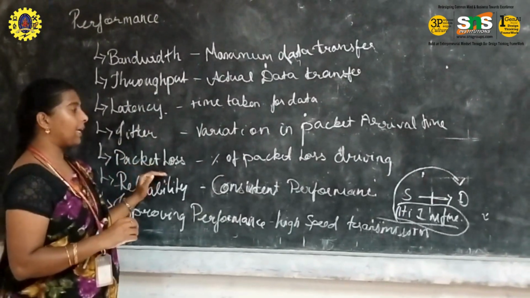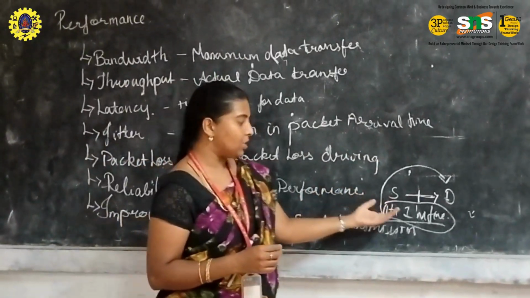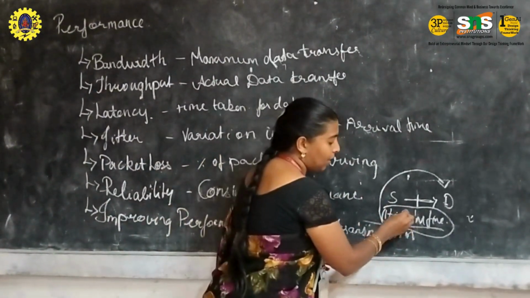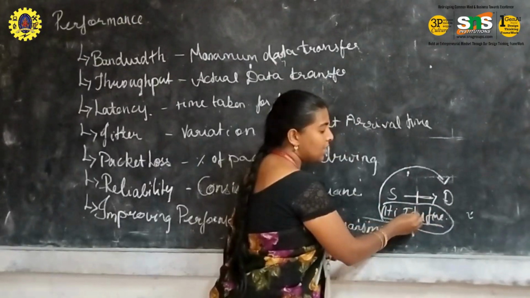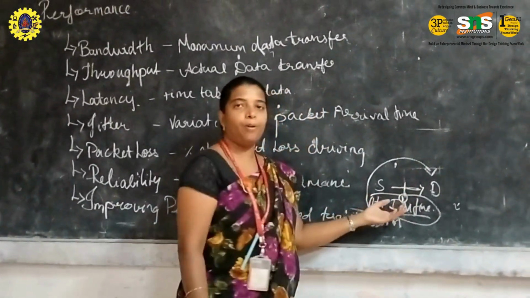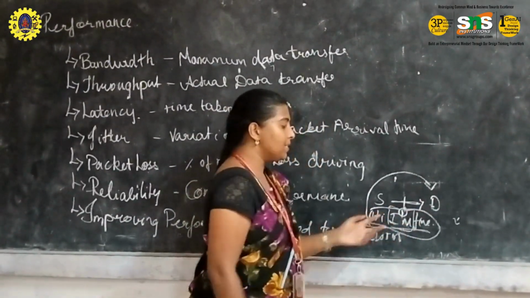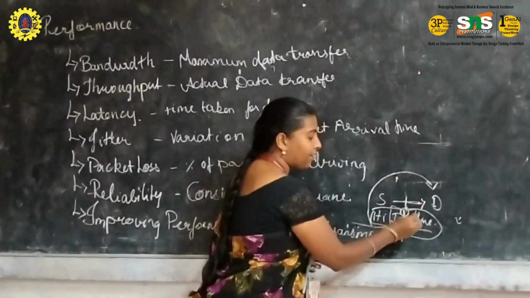Next is packet loss. Packet loss is when, while the source is sending a message, the message has an apostrophe and comma, "I'm fine," and this shows an error.